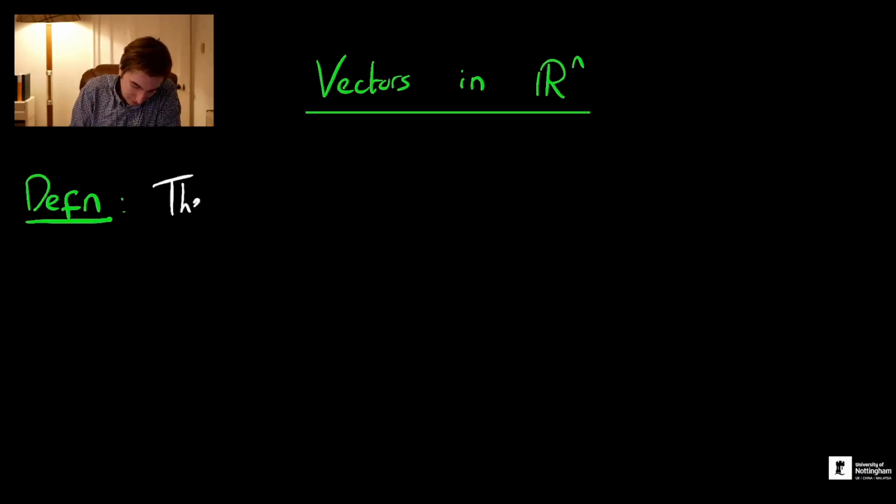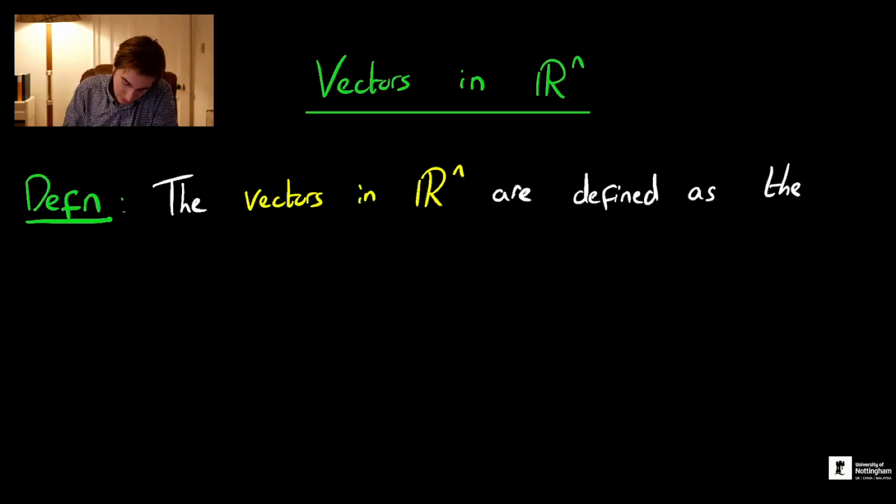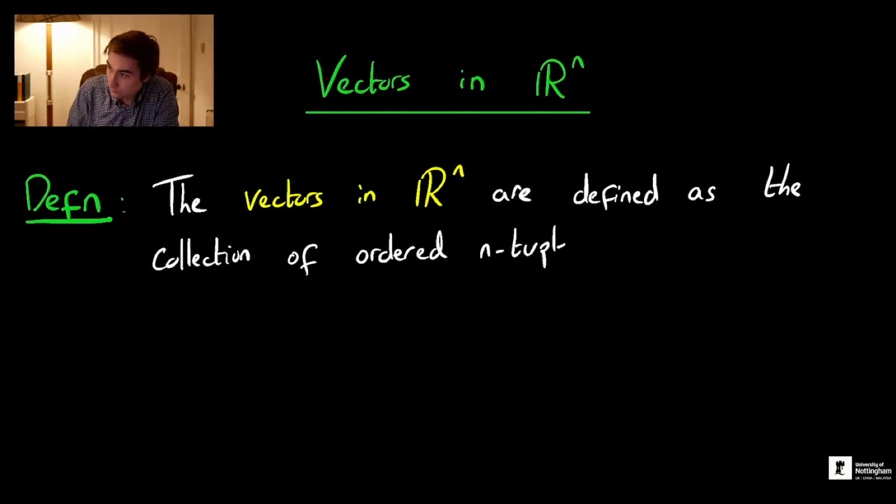So the vectors in Rn are defined as the collection of ordered n tuples. These n tuples are what we construct from n many Cartesian products of the real numbers. So then, what does that mean?